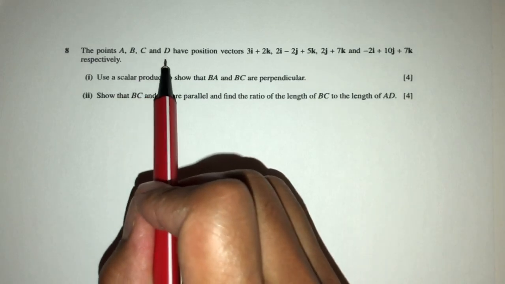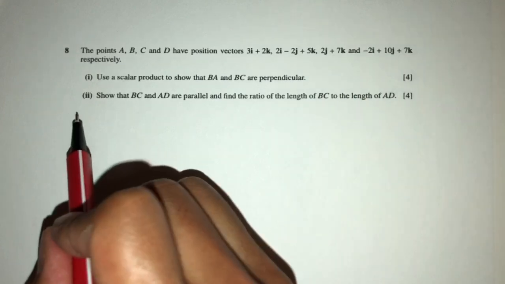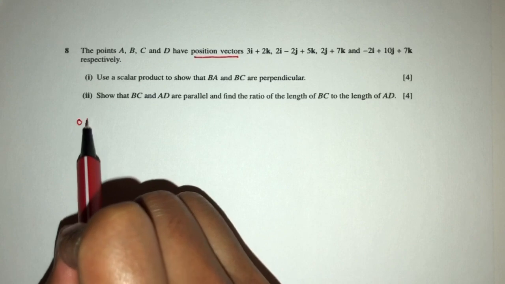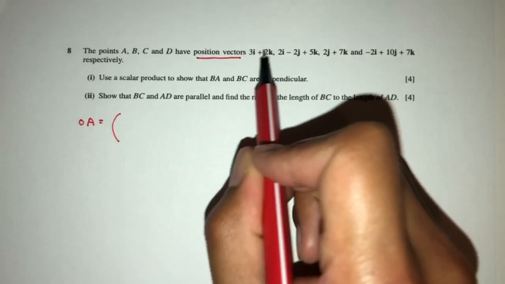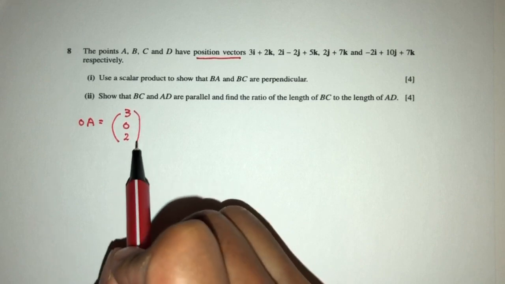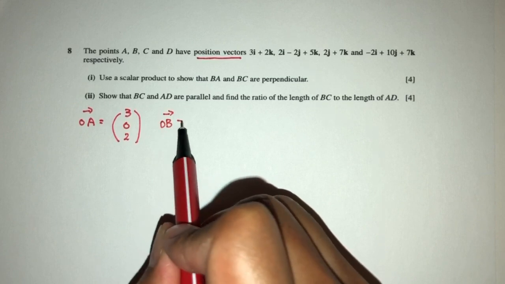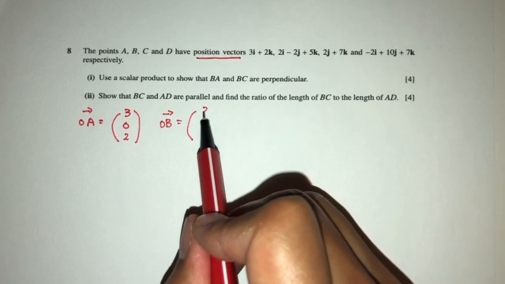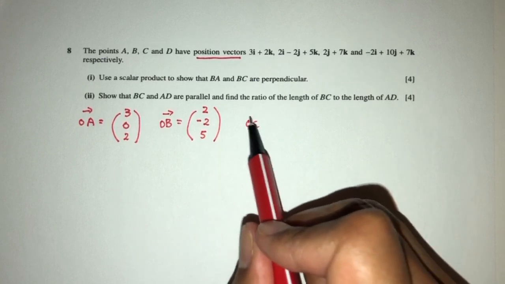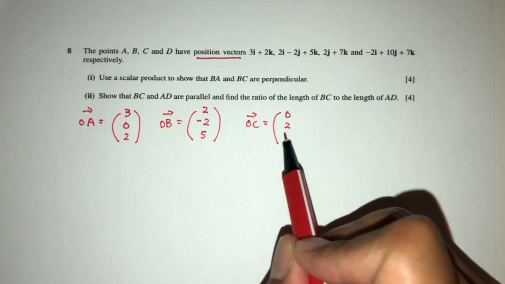The points A, B, C, and D have position vectors, which means, let me write this down, from the point O. OA is 3, 0, 2 (3i + 0j + 2k). OB is 2, minus 2, 5. OC is 0, 2, 7.